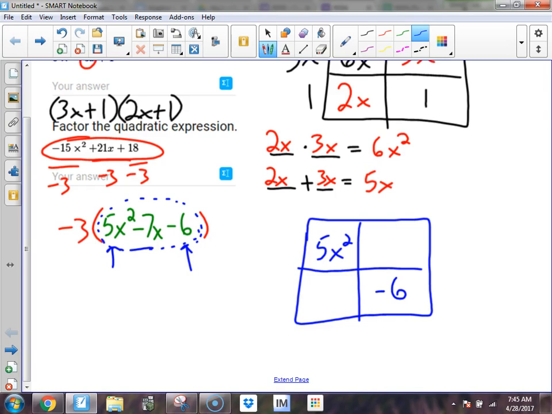Again, I want two numbers or two terms that will multiply to something and that will add to something. What I want it to multiply to is the multiplication of 5x squared and -6, which we know is -30x squared. And then what I want it to add to is the middle one, in this case, -7x.